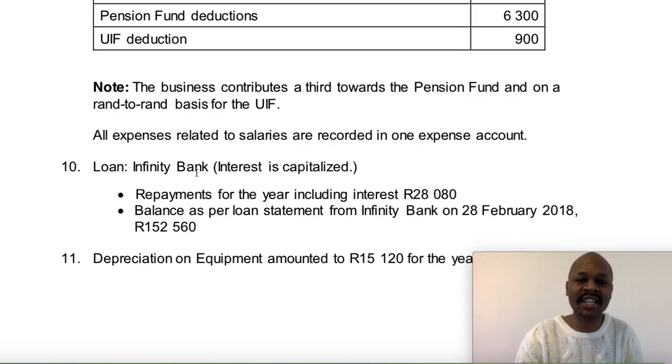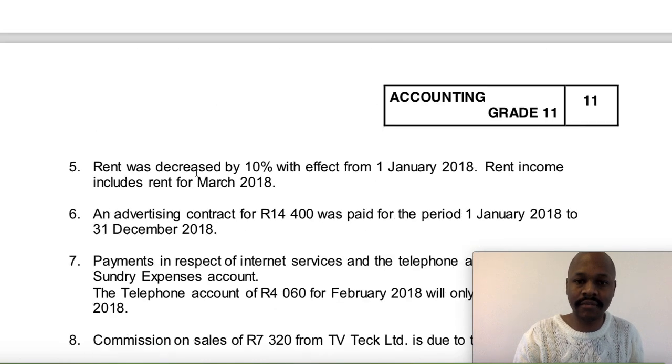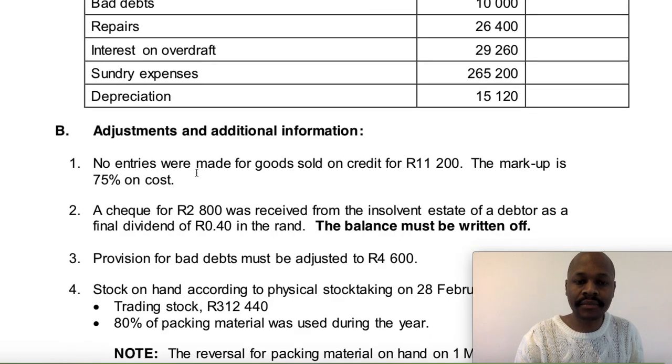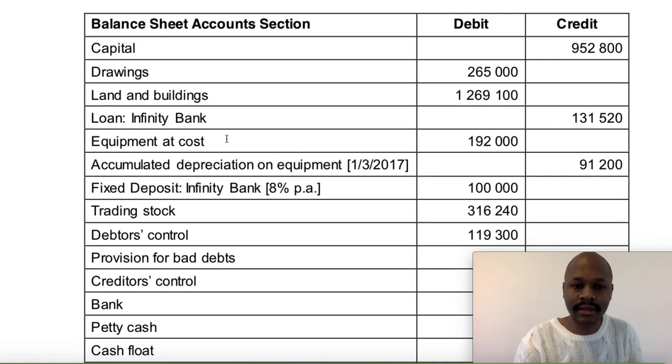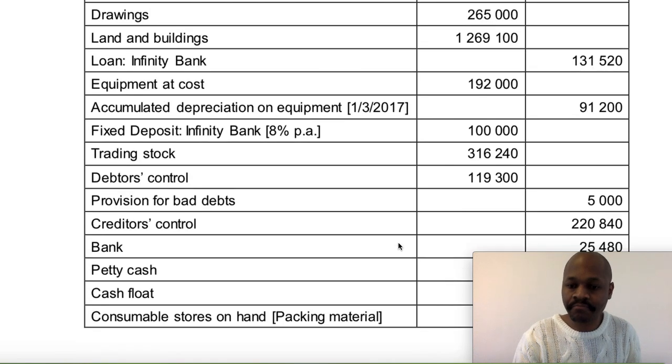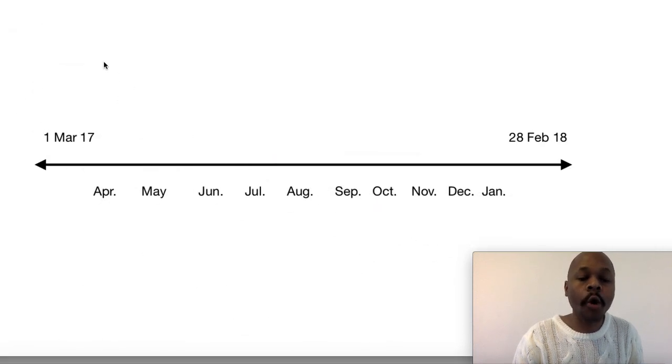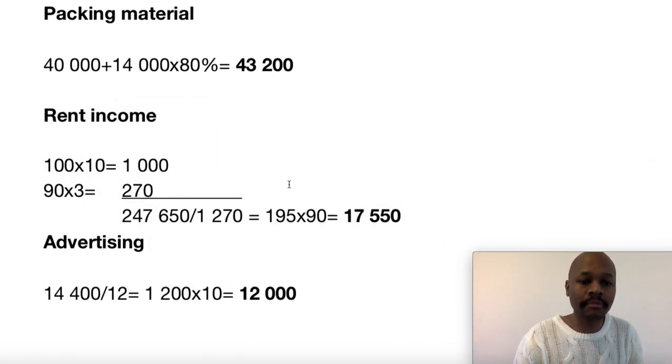Let's go to our balance sheet account section. There. At the beginning of the year, we owed Infinity Bank 131,520. So to get our interest on loan, we'll simply say, to save time, let's just go to our workings. You'll subtract the opening balance from the closing balance there.